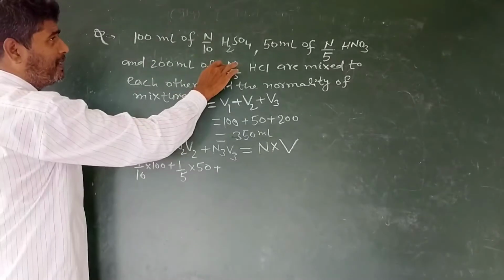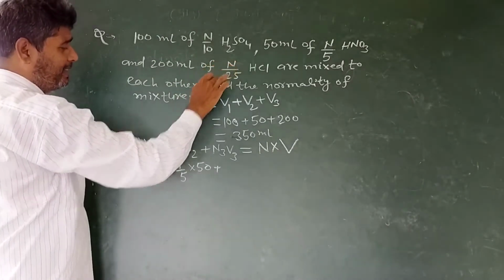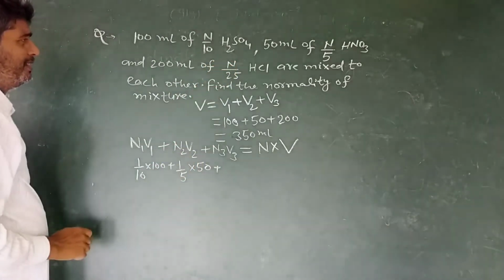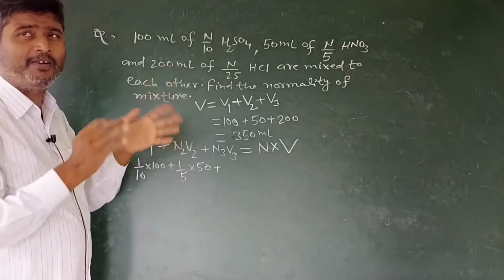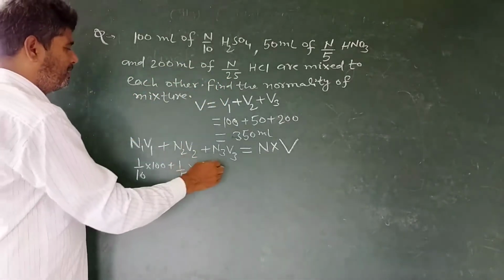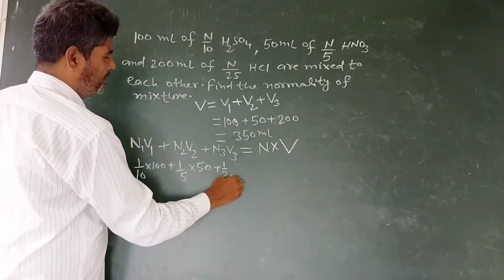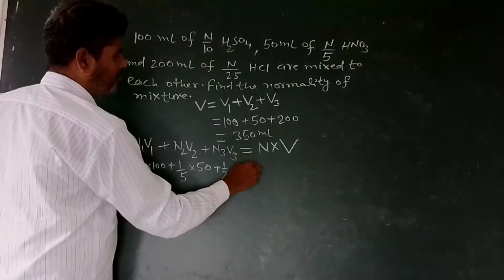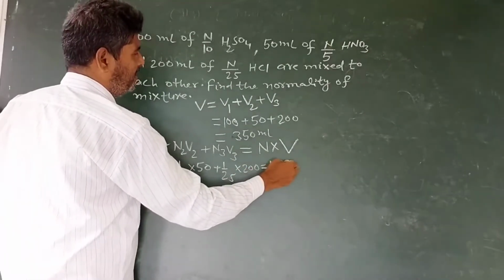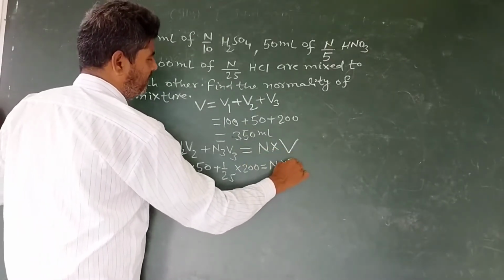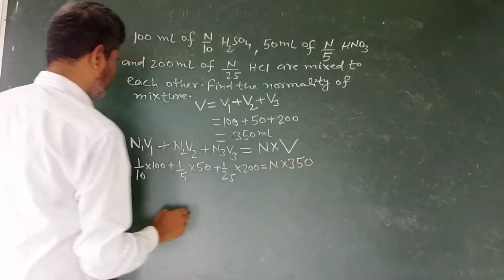N is the symbol for normality, and it is not written in the calculation. N/25 means we will write only 1 upon 25, into 200, equal to N into the total volume 350.